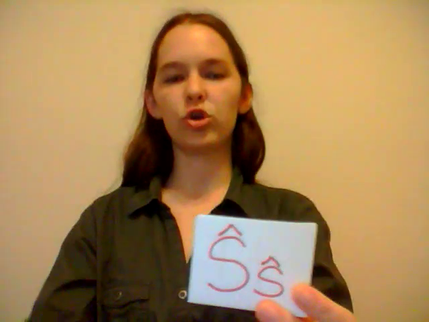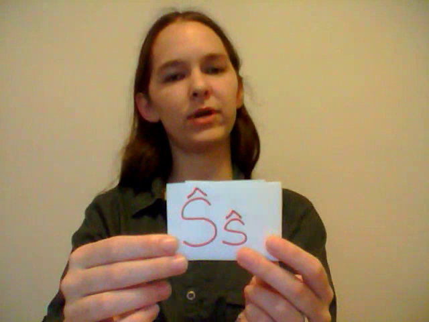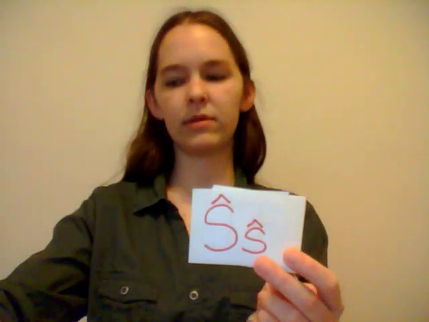Then so, which should be familiar, and sho, as in shoe or shush. So put a hat on so, and it becomes sho. Then we have to, which is again familiar. Oo, as in ooh, look at that.